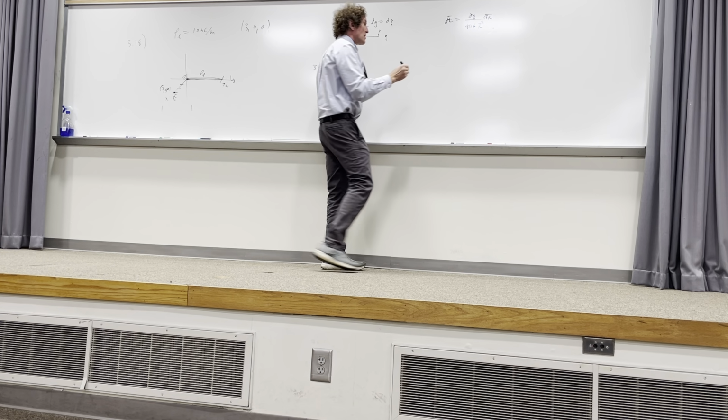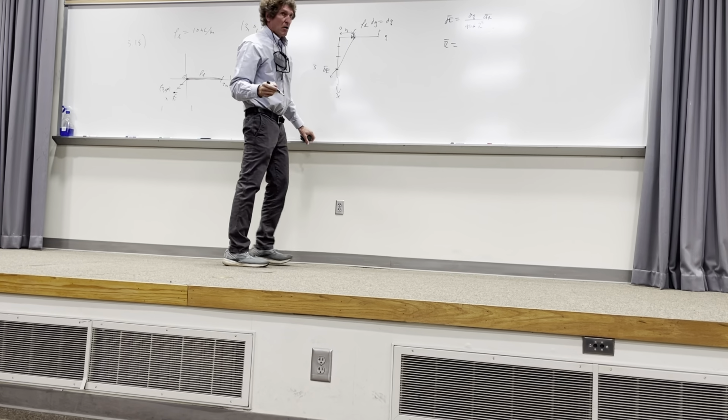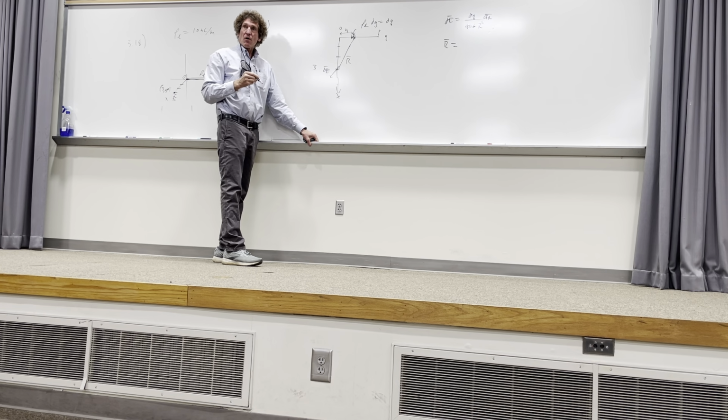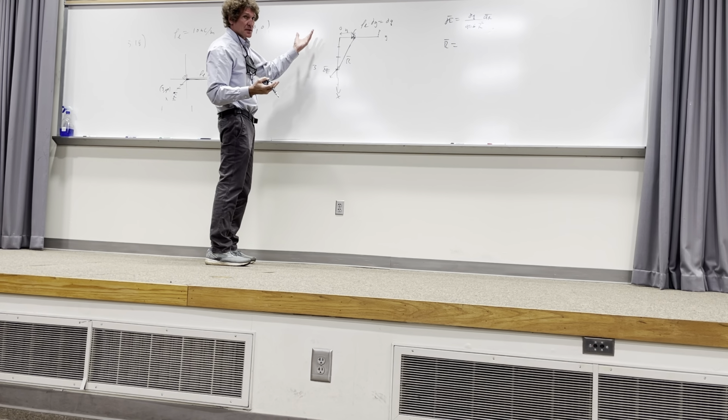Now we need to get r. When we get r, it is the vector from here to this position right here. Y'all follow me? So r is going to have, if you look at this, it doesn't have a z coordinate in this case.